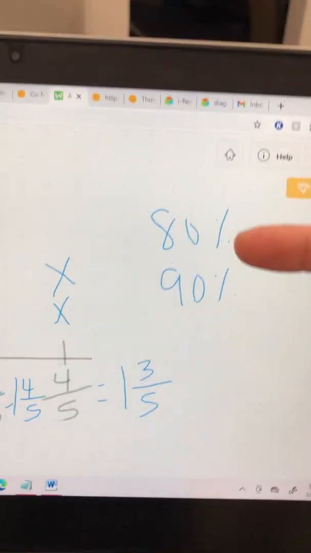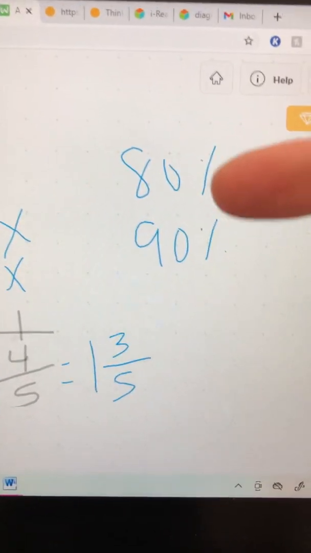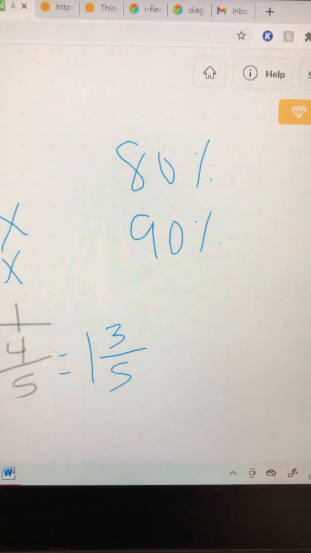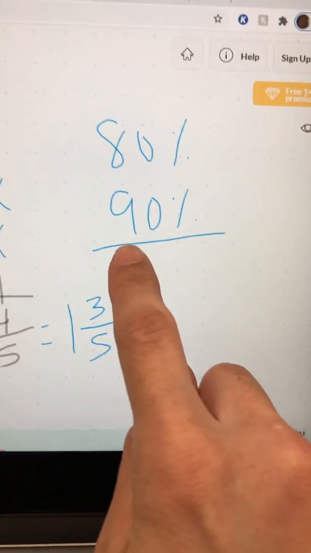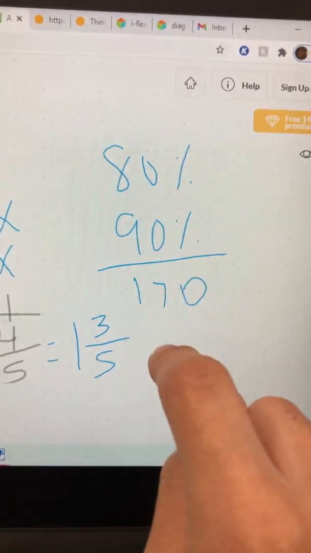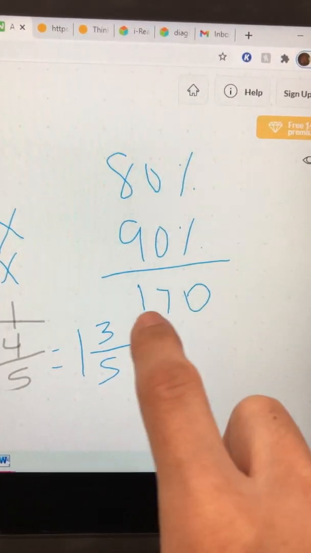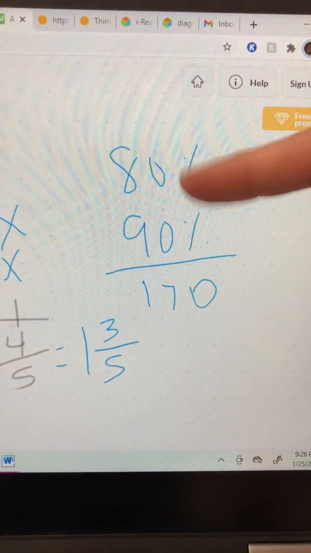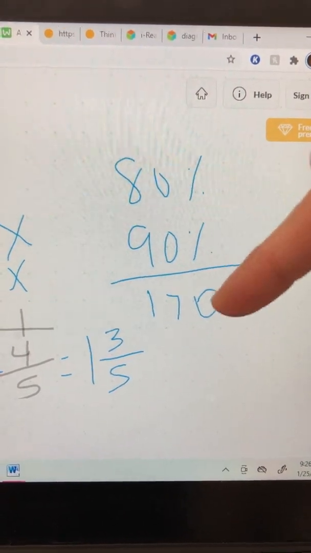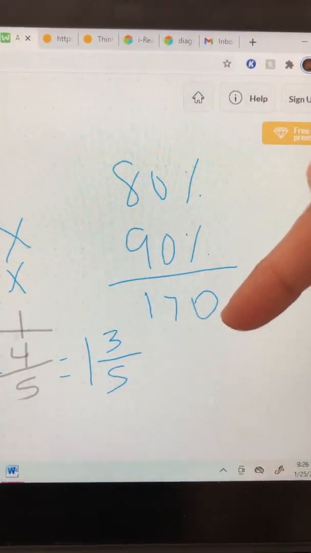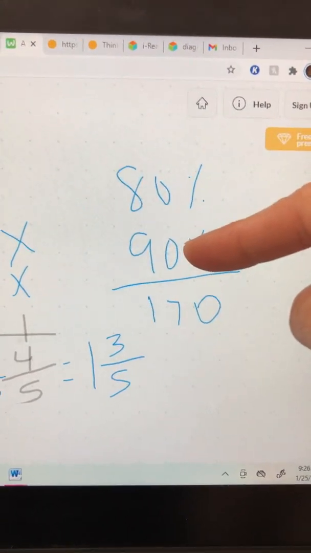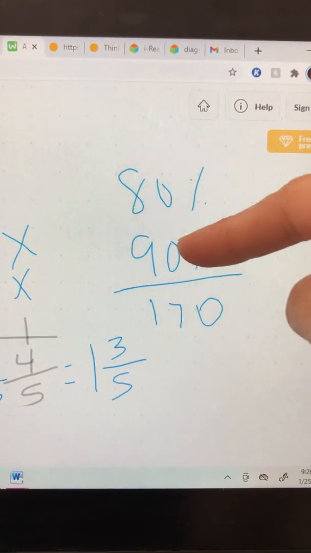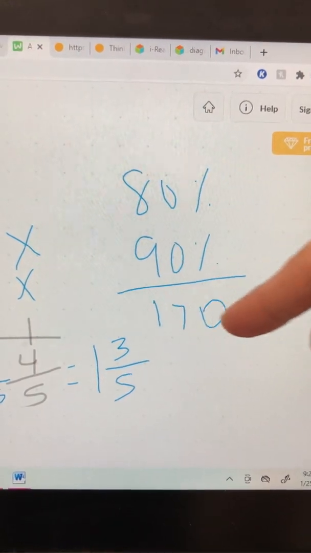So what we do to find average, and this is how we calculate the grades, you add them, and that would be 170. Now 170 is going to get divided by 2, because to find the average, you want to know your score between 2 tests. So between these 2 tests, what's your average score?